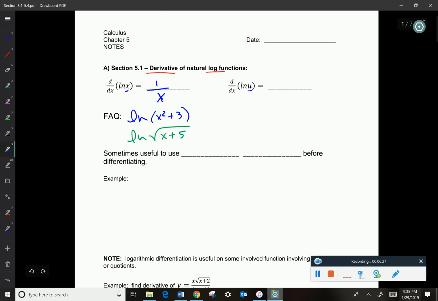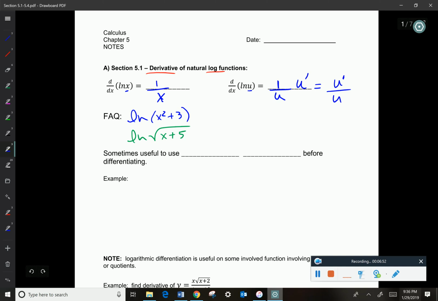So the derivative of natural log of u is 1 over u, but then the chain rule says to multiply by the derivative of the inside, so we multiply by whatever the derivative of u is. And then we tend to write the shortcut version: the derivative of natural log of u is just u prime over u.